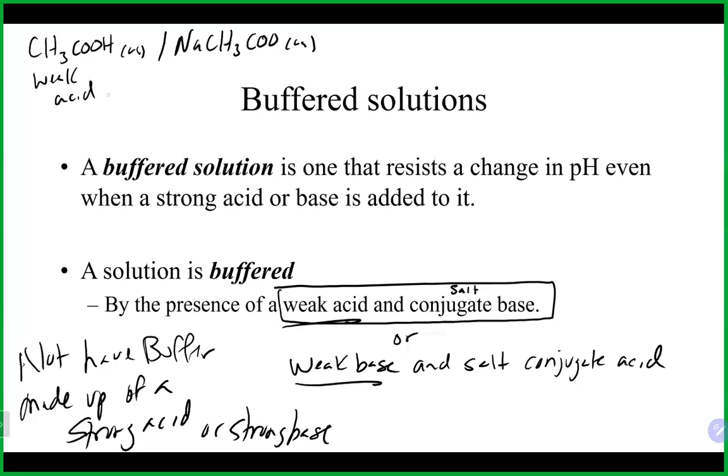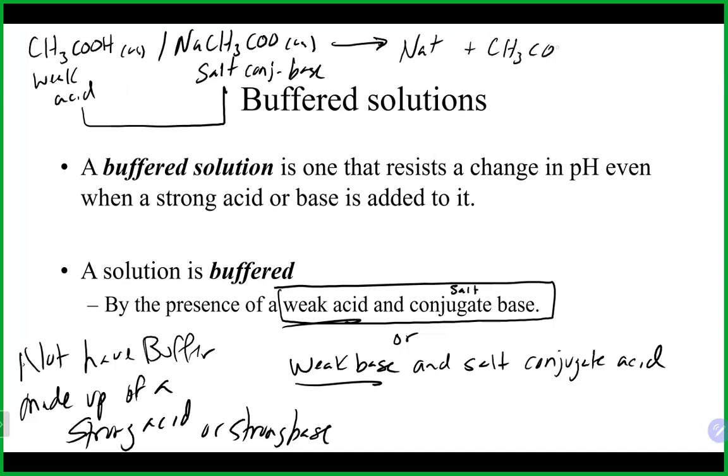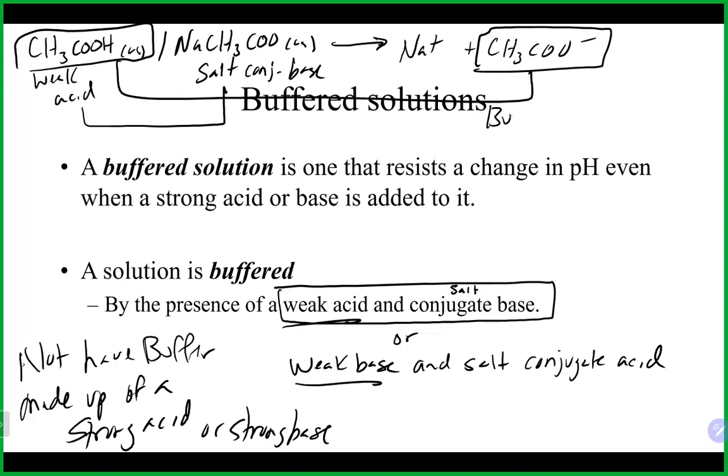And this is its conjugate base over here. And this is the salt of its conjugate base. And the salt is just an ionic compound. That actually is a strong electrolyte, sodium acetate, and it would break apart into a sodium ion and an acetate ion. And in terms of the buffer, it is actually this guy right here and this guy right here that make up the buffer.